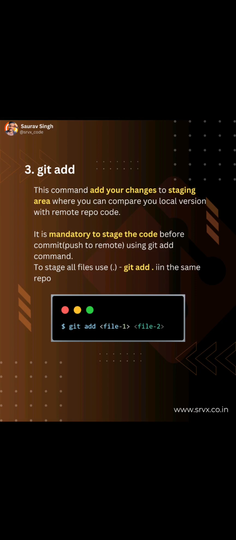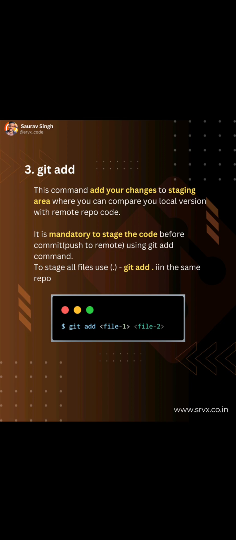Git add. Generally in Visual Studio Code we use the plus button, but if you don't want to use Visual Studio Code and want to do it yourself by command, you can use git add file 1, file 2, etc. This command adds your changes to a staging area where you can compare your local version with the remote repo code.